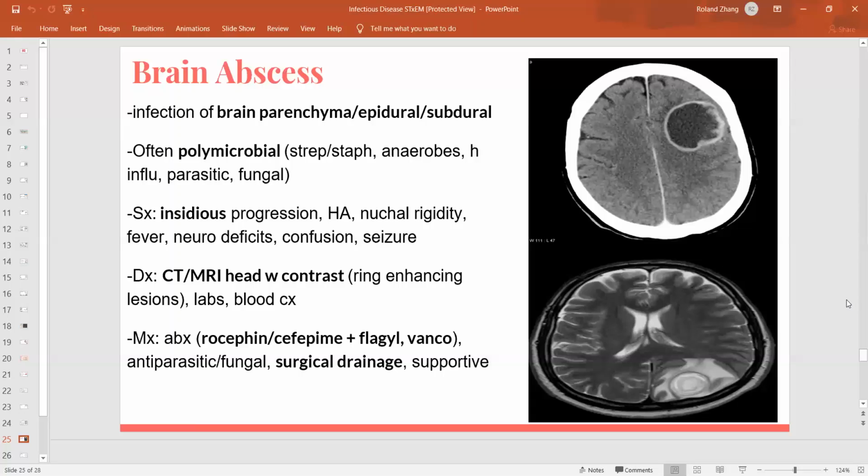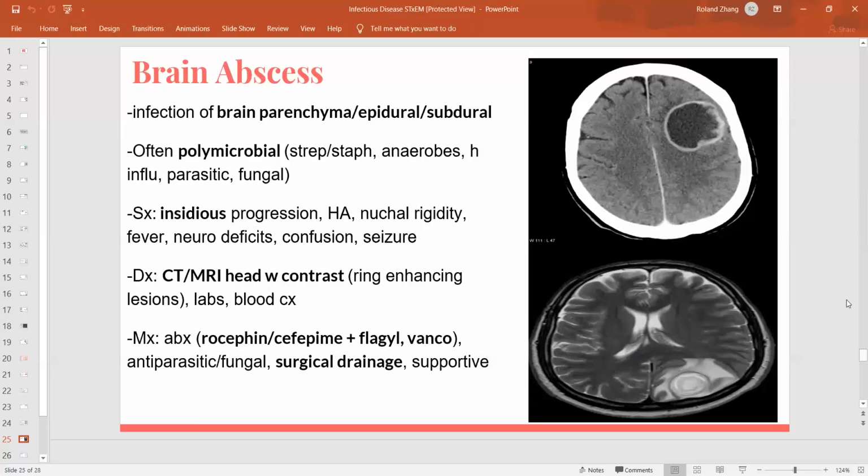So if you have a patient with neural deficit and you worry about brain abscess versus encephalitis, definitely get a CAT scan, but I would recommend a CT with and without contrast, because if you see an enhancing lesion, then it's definitely an abscess. Then you don't have to go through the lumbar puncture.